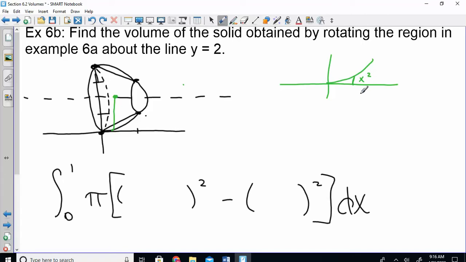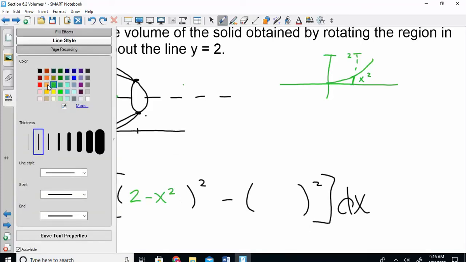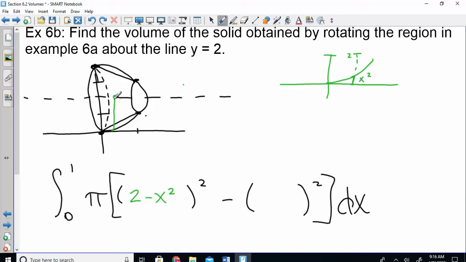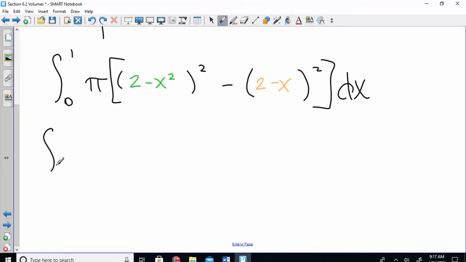From here to here is x squared. All the way up to here is 2. So how do you get the distance between those? 2 minus x squared. Then for the line, we're starting at 2 and I need to come down to this line. So what would that radius be? 2 minus x. Good.